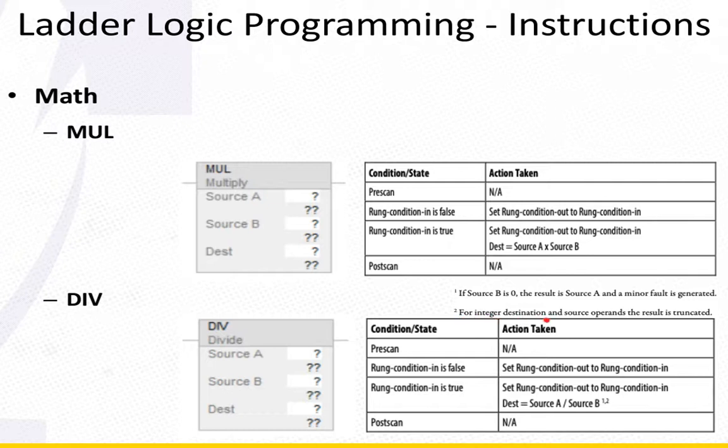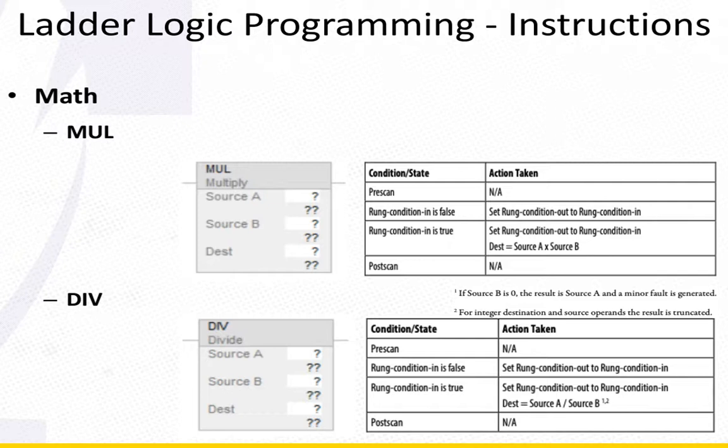For integer destination and source operands, the result is truncated. So this is what I said. If you have an integer destination or source, then it's going to truncate. It's going to chop off whatever the decimal was. It won't round it. It'll chop it off. Okay? So be aware of that.